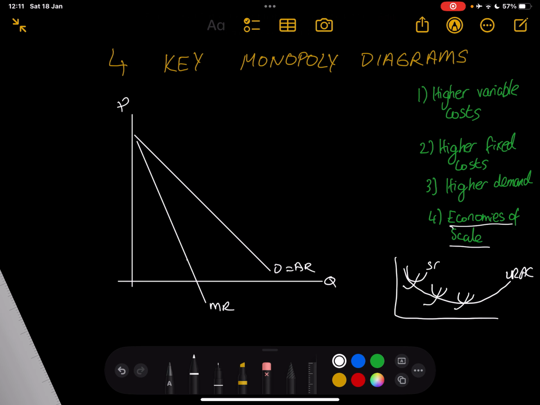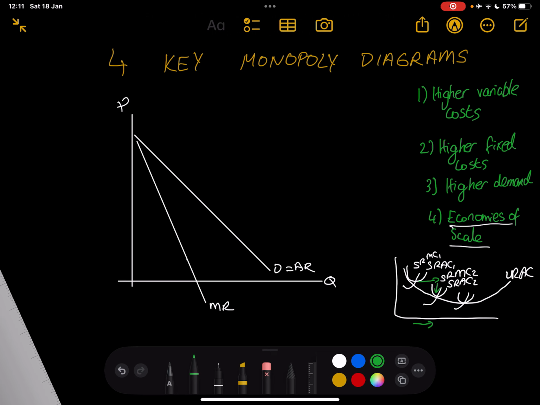and so on. So this is like short run AC1, short run AC2, and short run MC1, short run MC2. You get economies of scale when you increase the scale of your production, and in that process your costs lower. So you move from one short run to another short run, and that's all along the same long run AC.